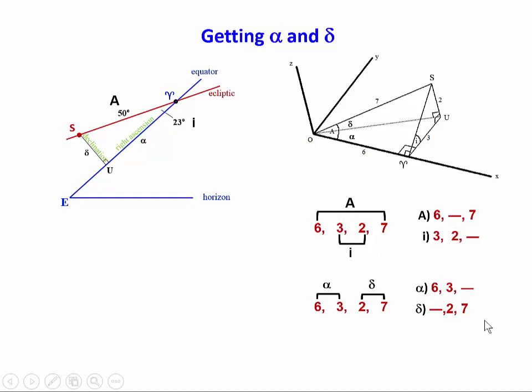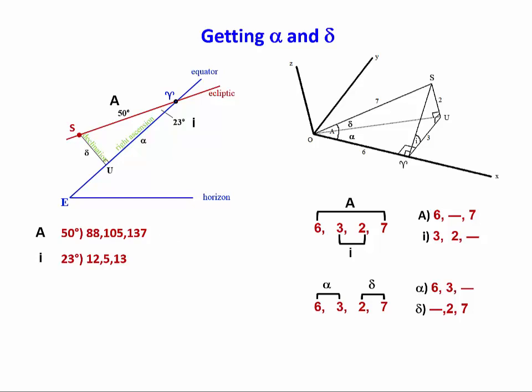So we need to get A and I as triples, and so by some method or other, not discussed here, we find a triple for 50 degrees, which can be this, so that's A, and then a triple for the 23 degrees, which is the 12, 5, 13, and that's I.